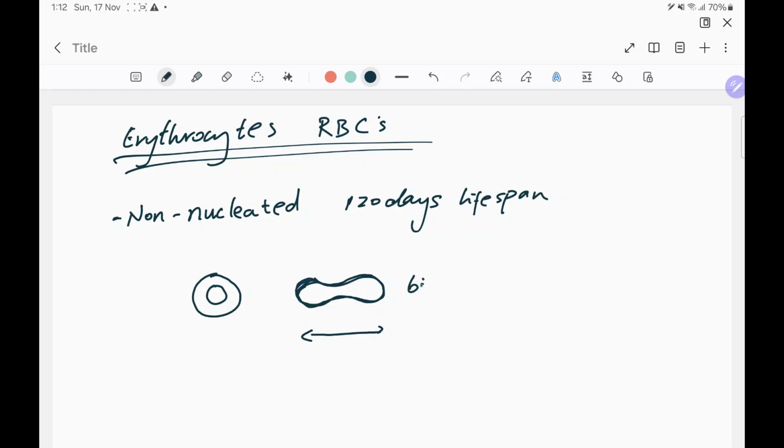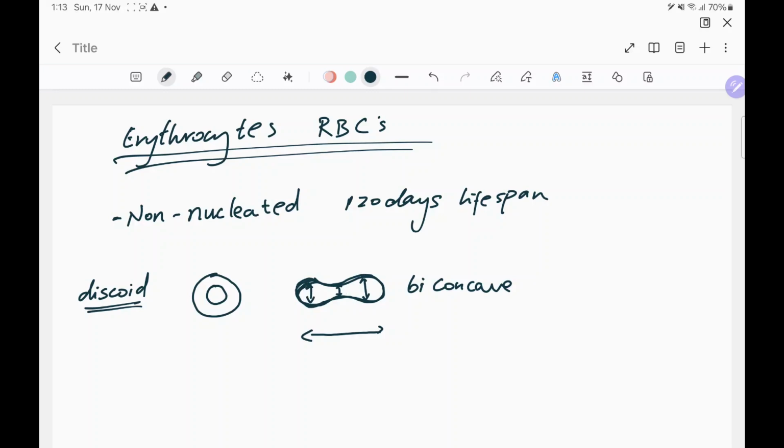So biconcave, and it's shaped like a disc, so it's discoid. Not exactly a disc, because you see the center is a little thin, and it's thick at the peripheries over here. Can you see the difference?